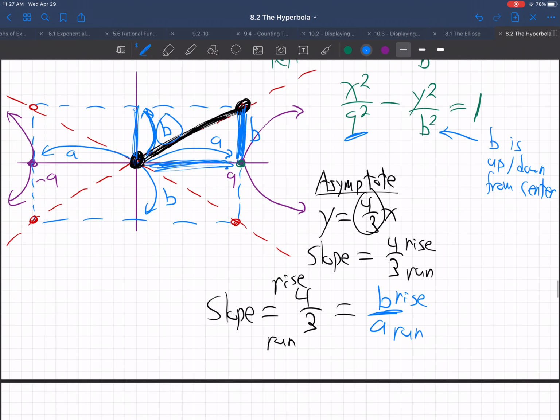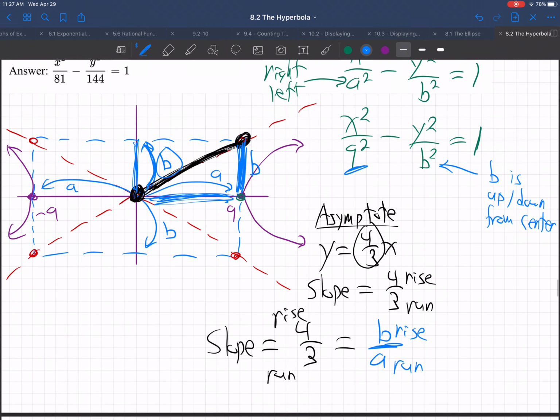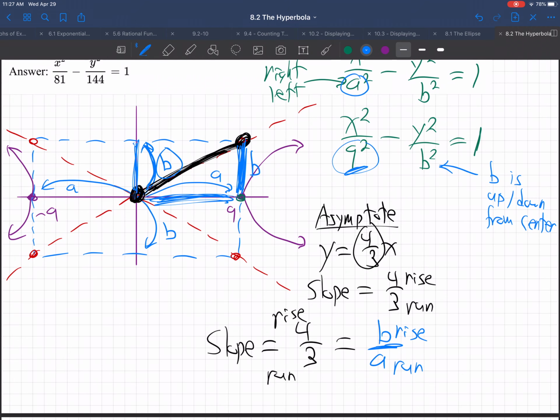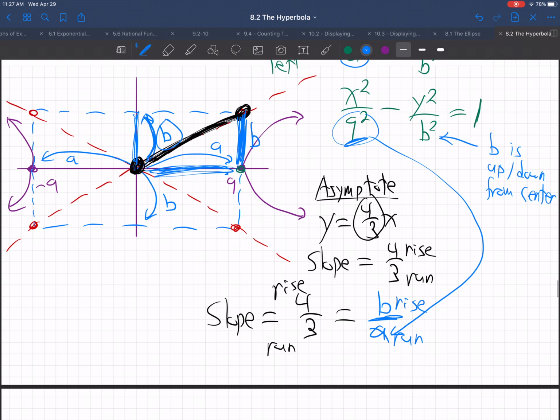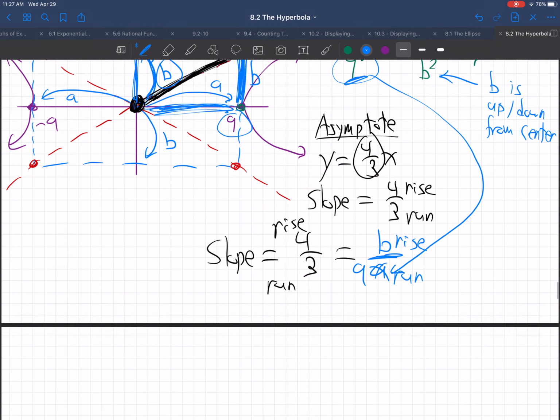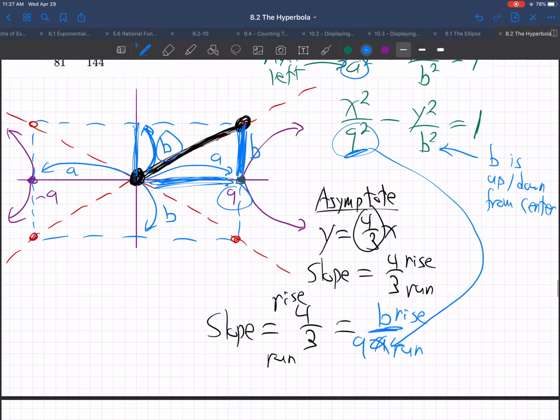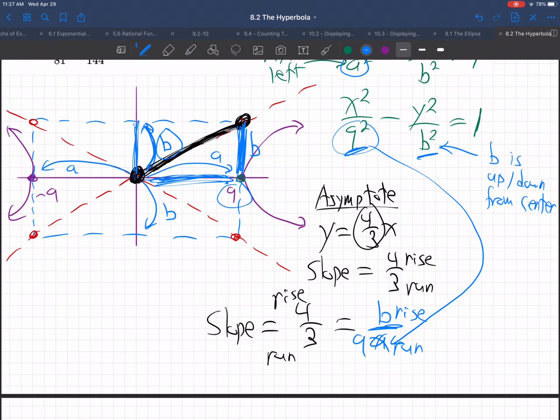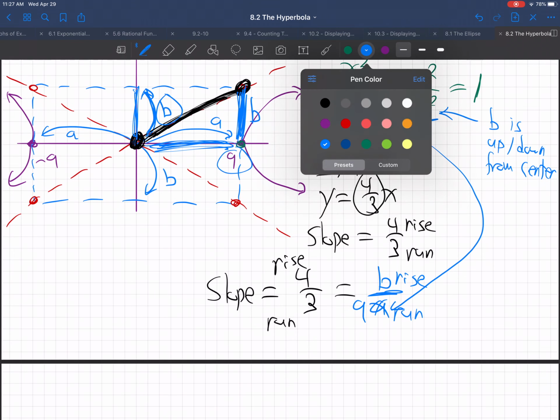Okay, great, so what? And I know a, I've already got a right here. a is 9. The run is 9. This is 9 over there, isn't it? So now I can solve that equation for b. That's all I have left. I just have to find b, and I've got the whole equation. So solve that equation for b.